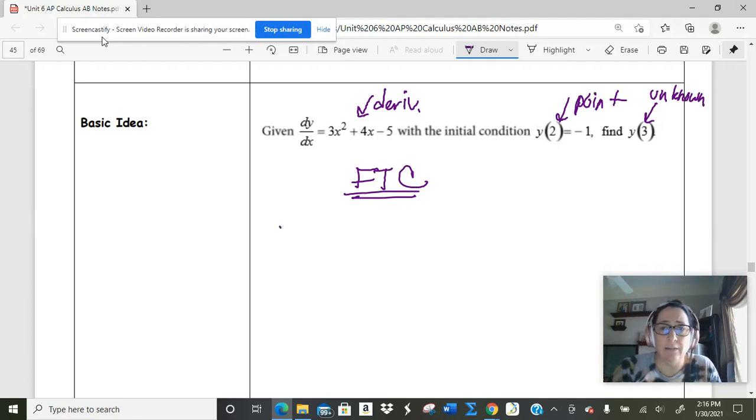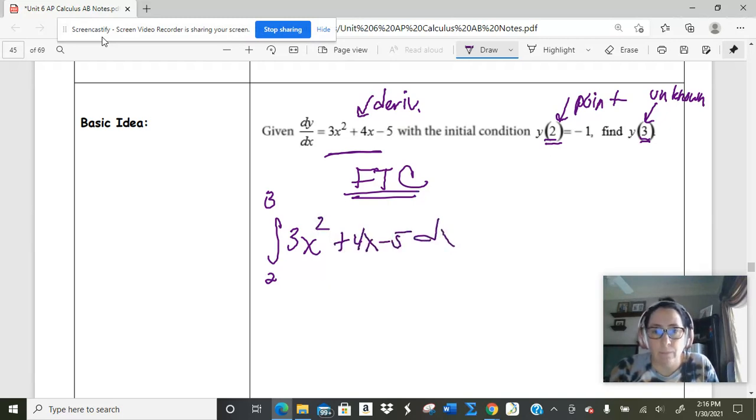So I'm going to say that the integral from 2 to 3 of the derivative equals, and I'm going to put what it would be in general: the antiderivative of the 3 minus the antiderivative of the 2.